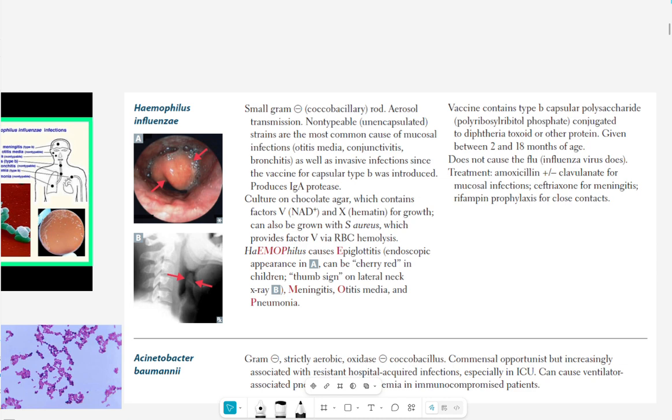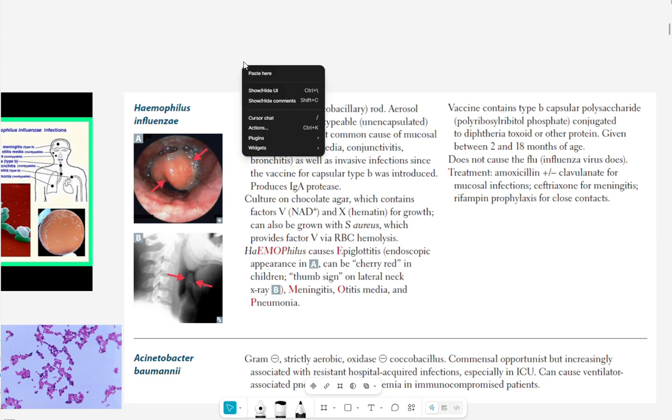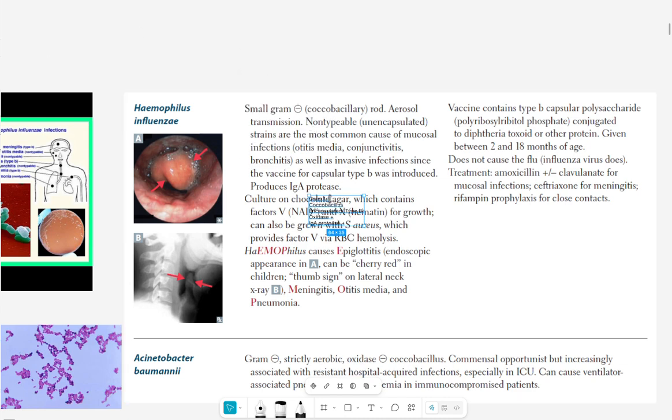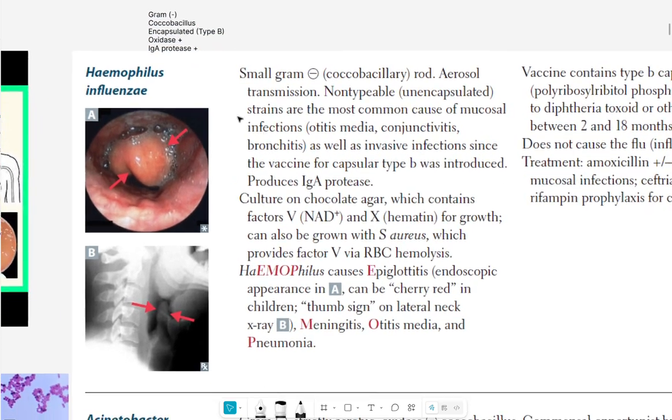So it's encapsulated and it's oxidase positive and it's IgA protease positive, right? Now, this is basically just a heads up of your Hemophilus influenzae, right? It's encapsulated, it's gram-negative, it's a coccobacillus, it's oxidase positive, and it's IgA protease positive.